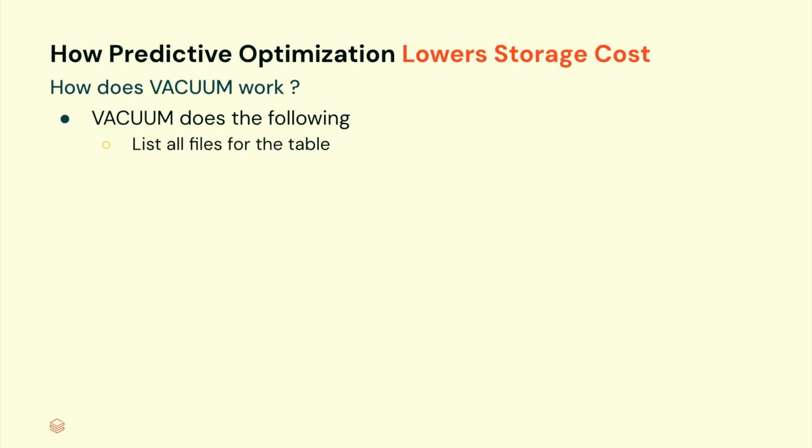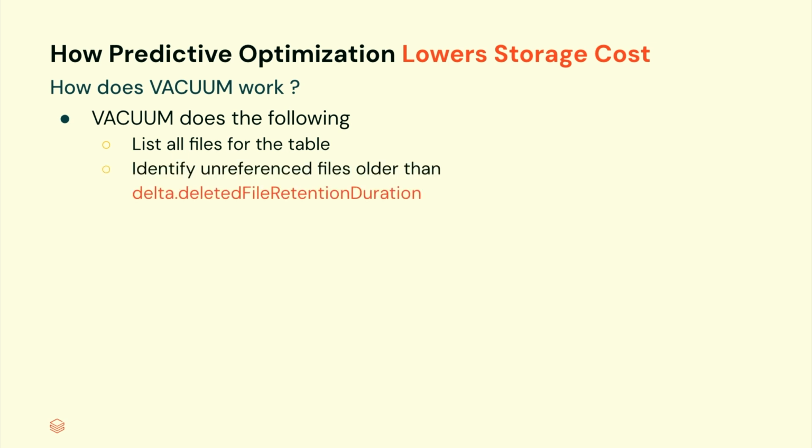It lists all the files on your table by listing from cloud storage, leveraging the table retention property on your table, which is defaulted at 7 days. Vacuum identifies what are the valid files for your table to be kept, isolates these unreferenced files, and goes ahead and deletes them.